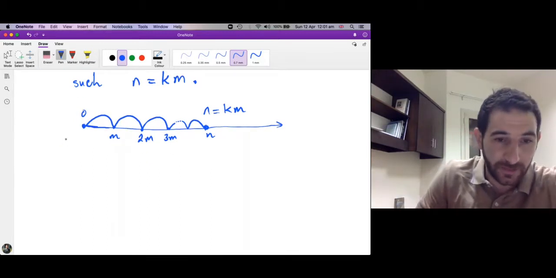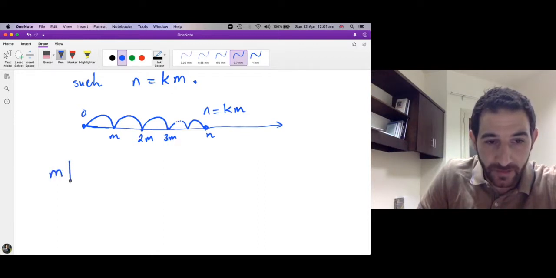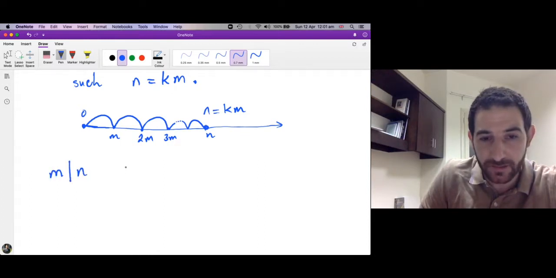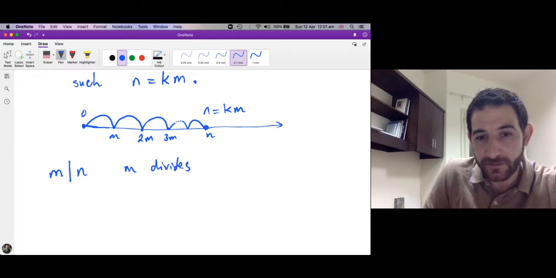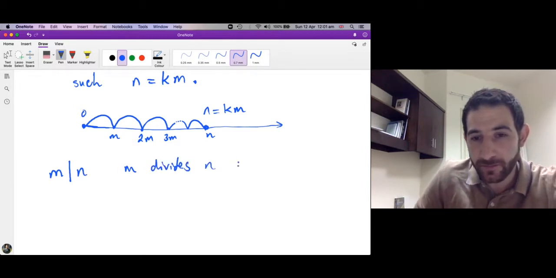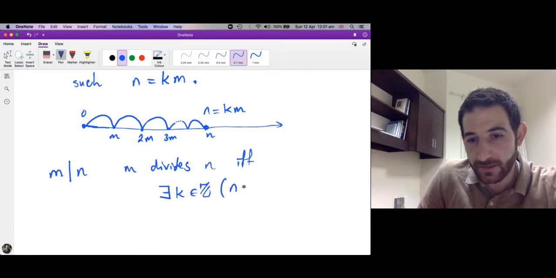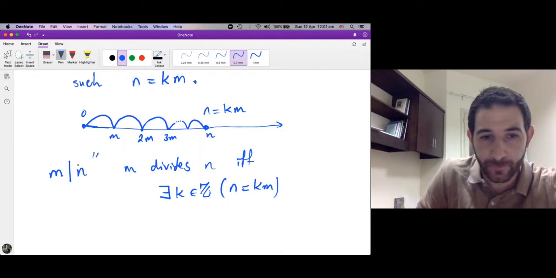Now let me tell you the notation. We write m, then a vertical bar, then n, to say that m divides n. In predicate logic, this means: if and only if there exists a k in the integers such that n is equal to k times m.